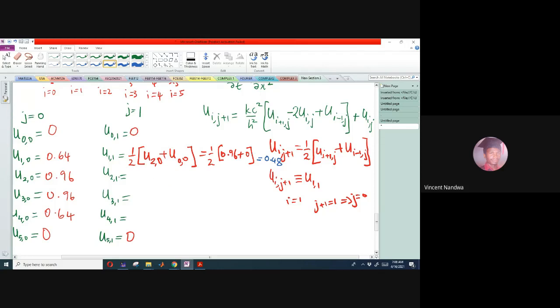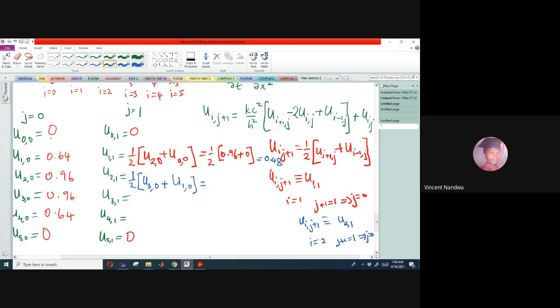And then for u(2, 1), relate to u(i, j+1) equals u(2, 1). This tells you that i is 2 and j plus 1 equals 1, so j is still 0. The formula will be a half into, put here i as 2, so 2 plus 1 is 3, u(3, 0) plus u with i as 2, so 2 minus 1 is 1, u(1, 0).